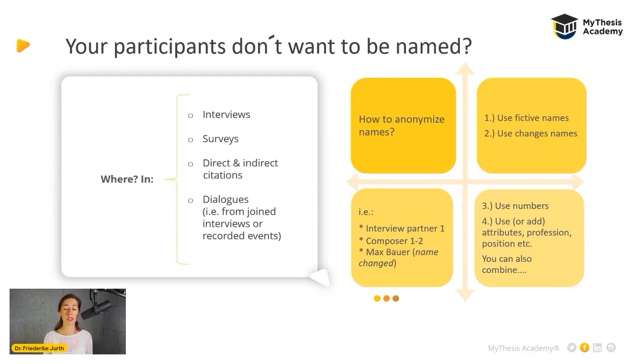For example, if we are talking of a group, then you also should differ between the participants of the group.